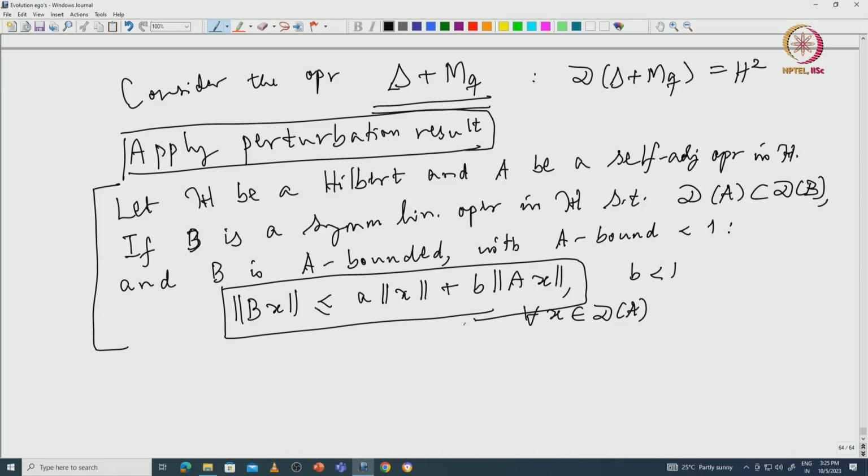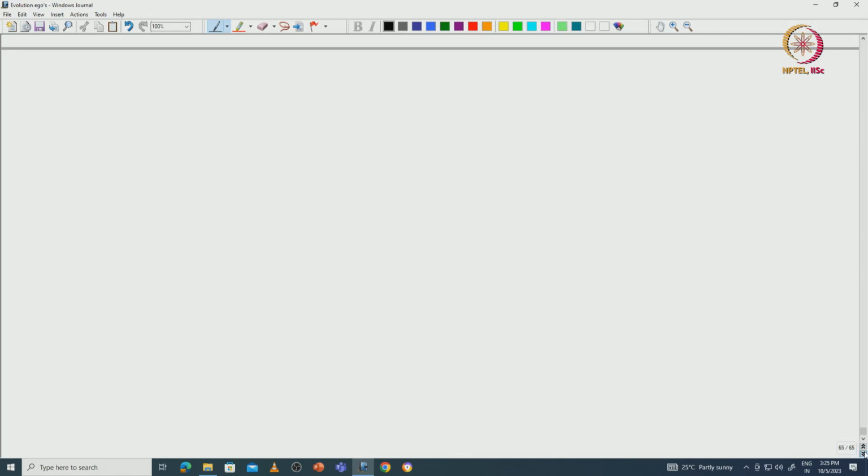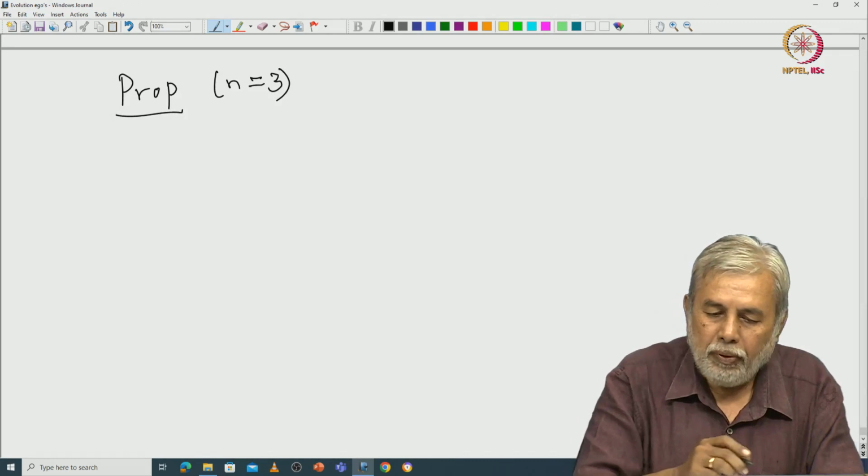So, that is the program. The main estimate is this one, so let me call it a proposition. Again remember n equal to 3. It is essential in this argument that n equal to 3.